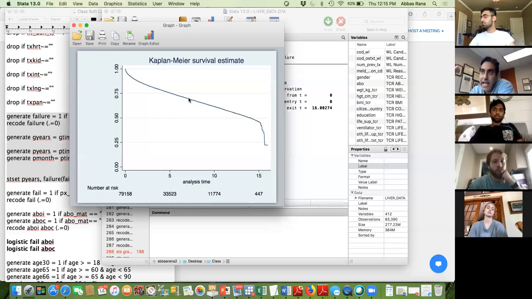And as it goes down, as you progress with time, there's less and less people within your study. But it's not because they died, it's because they don't have the follow-up. So death is only what is going to cause this number to drop. That's real death dropping.